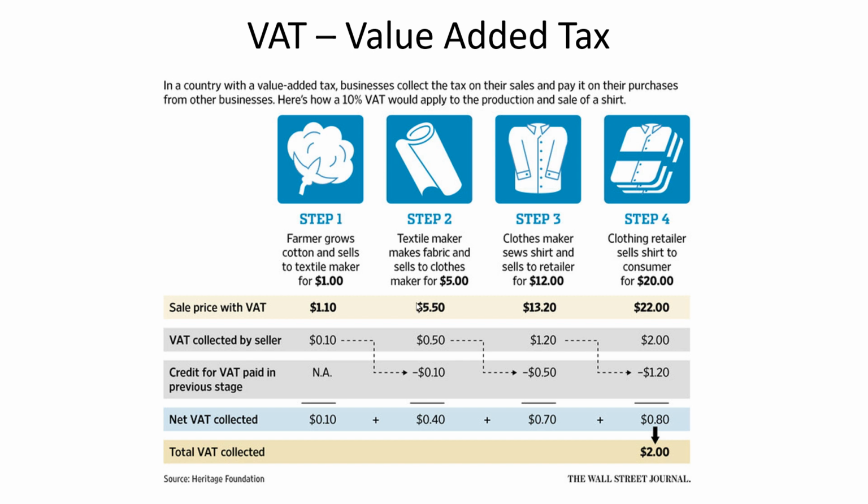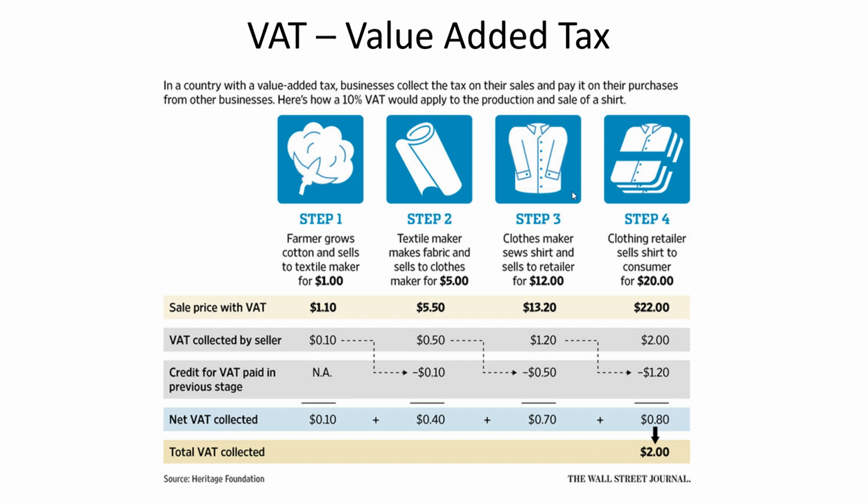So they're reimbursing the previous tax that they paid, and so they're only going to pay the government 40 cents for the value-added tax. But when we get to the end, all the cumulative value-added tax for all the steps in the process will add up to 10% of the final item's price.